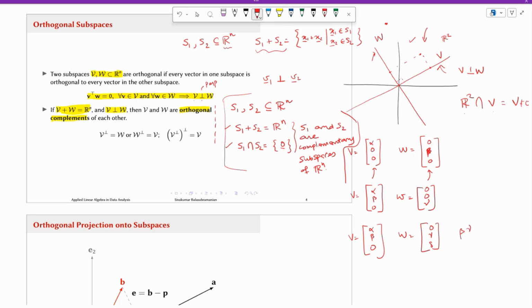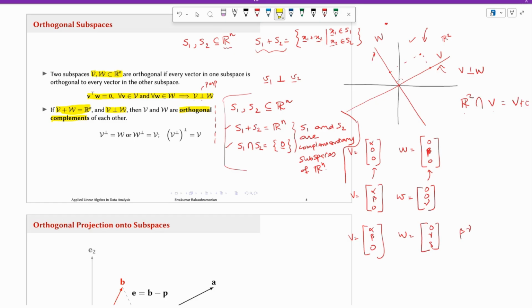That means they do form complementary subspaces, but not of R3, but of the subspace in which they are embedded. Are they also orthogonal complements of the XY plane? Yes, they are perpendicular to each other. So yes, they are in fact orthogonal complements, not of R3, but of the subspace in which they are embedded.